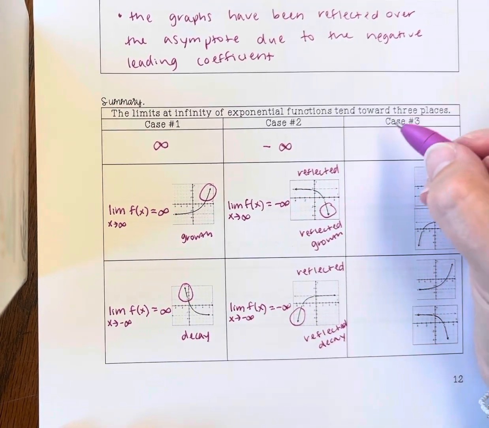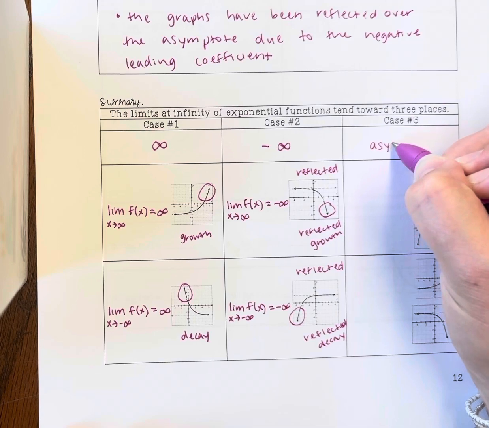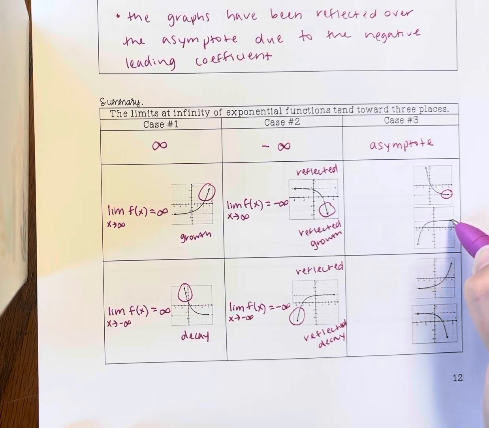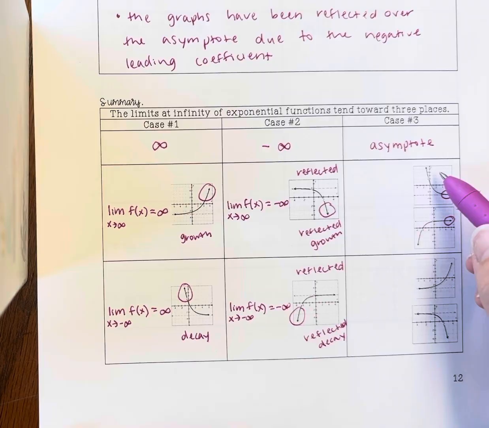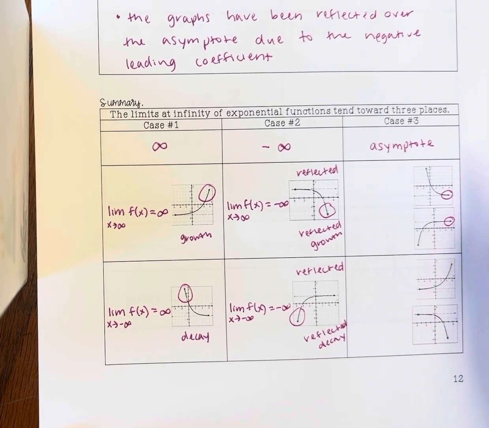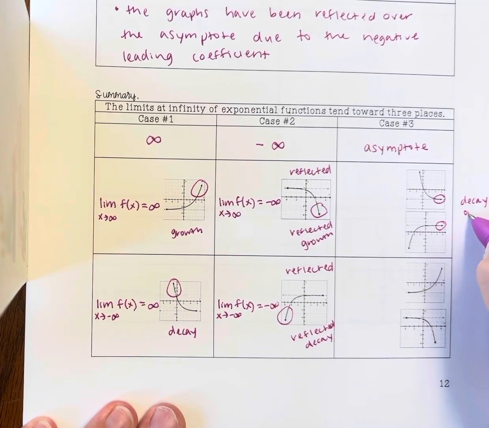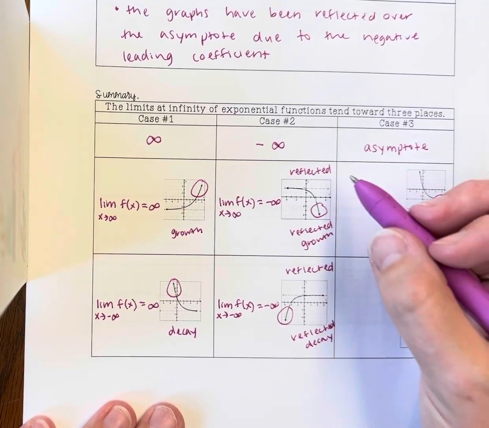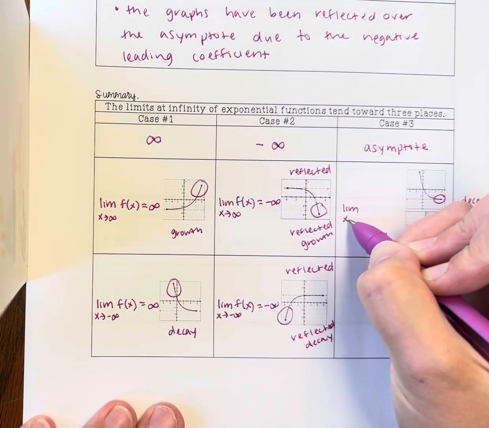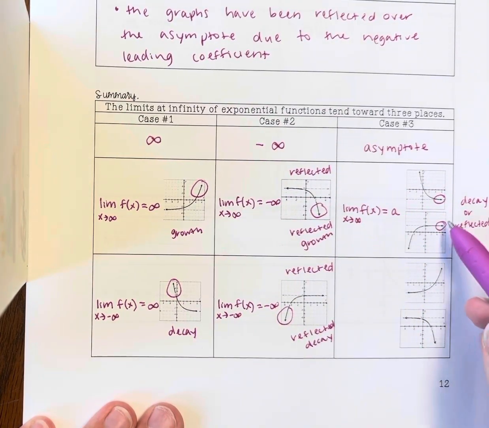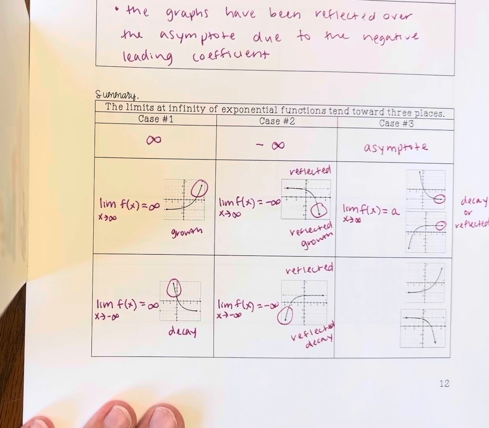The only other option is the answer will be the asymptote. I know these asymptotes aren't in the same location, but if you have an exponential decay graph or some sort of reflected decay, then on the right side of the graph, which is as x approaches infinity, the function is going to tend towards, I'm going to write A for asymptote because I know these asymptotes are in different locations.